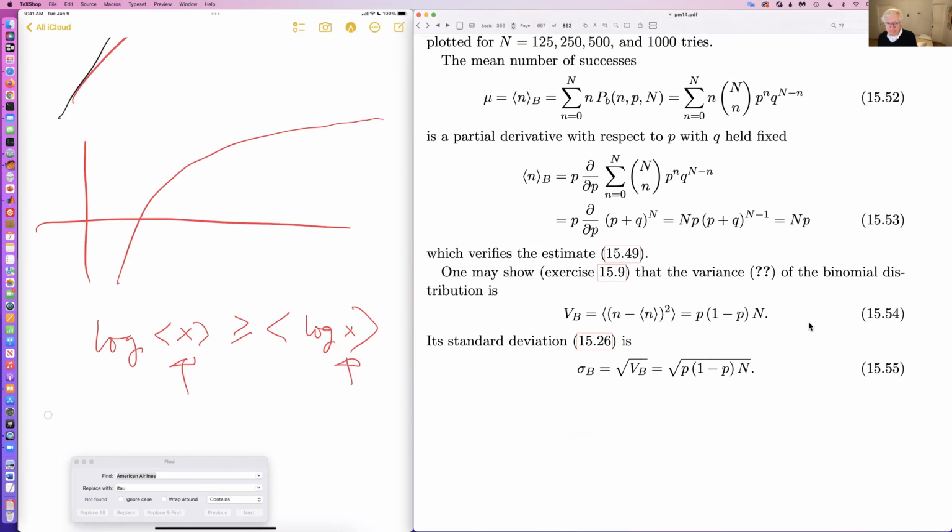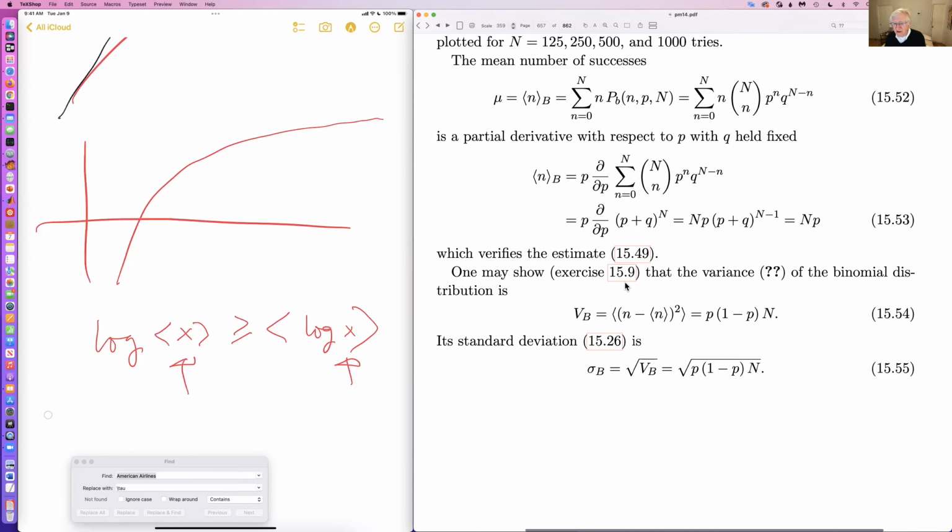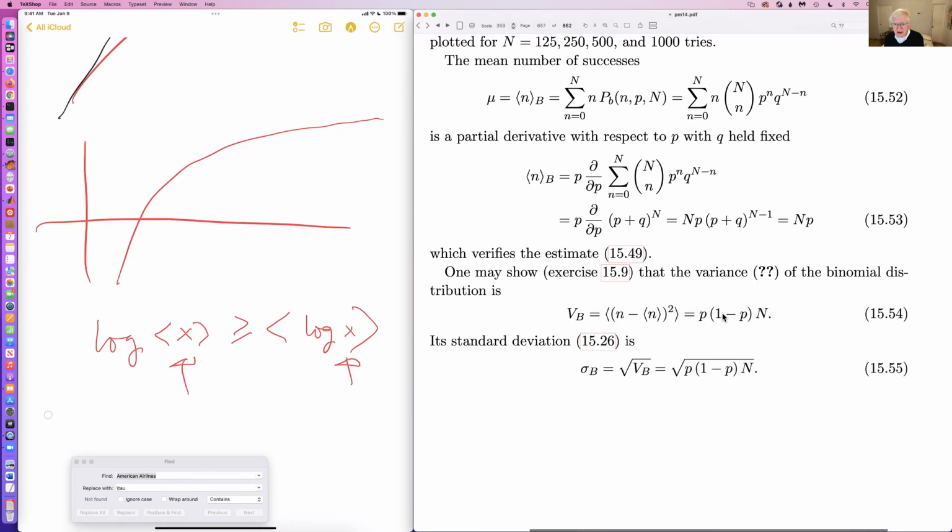Then what you can show is that the variance of the binomial distribution is the average value of this square. And you can show that that's p times 1 minus p times capital N. The standard deviation then is the square root of this.